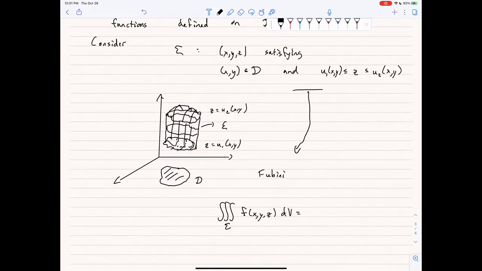You first integrate out the z variable. So this goes from u1(x, y) to u2(x, y) of f(x, y, z) dz. You do that, now you have a function of two variables, and now you take the double integral over the region D of that.